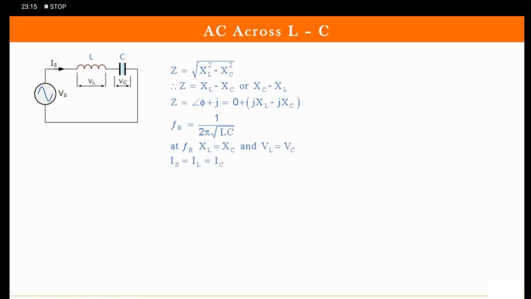Since we have a capacitor also, here we have the minus sign. At resonant frequency, FR is represented as 1 upon 2 pi square root of LC. We will discuss this resonance frequency in detail in the coming lectures. At resonance frequency, XL becomes equal to XC and VL is equal to VC. And of course the series current is going to be the same.